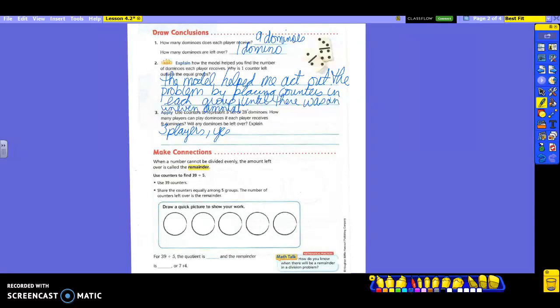Okay. Exactly. So knowing what our multiplication problems are helps us to know that there's going to be 1 left over. Some of you probably already knew this answer before you got out your 28 counters and put them in 3 groups, correct? Because you know that 9 times 3 is 27 and there will be 1 left over. So we're going to say yes because 28 cannot be divided equally.